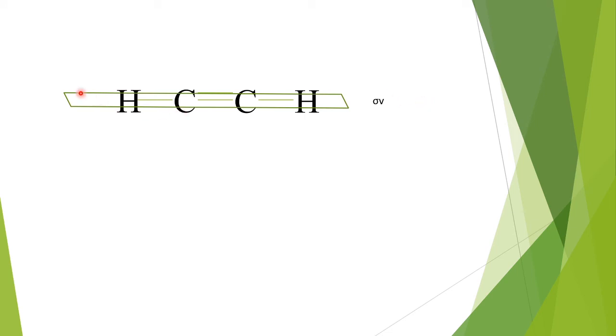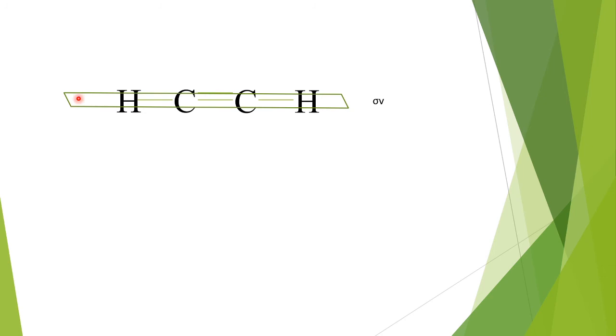If a plane passes through the principal axis, or if we can keep the principal axis on this plane, then this plane is called the vertical plane of symmetry, represented as sigma v.